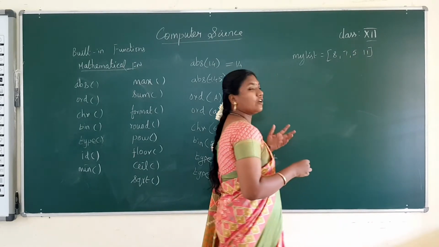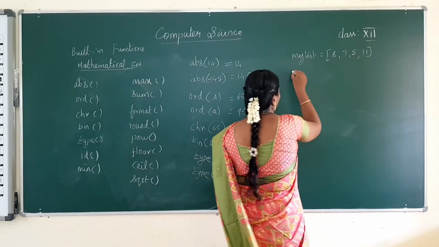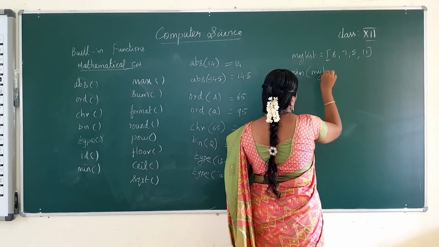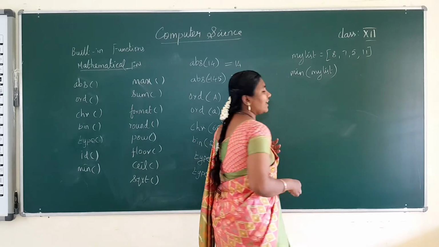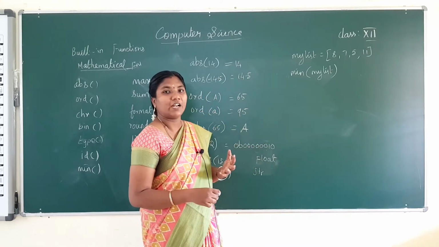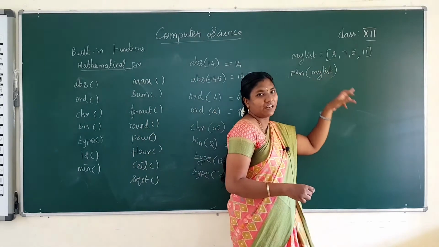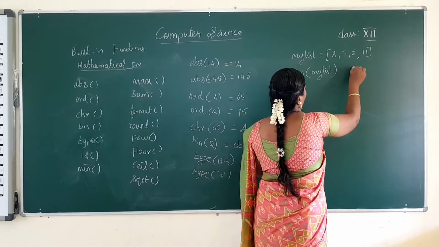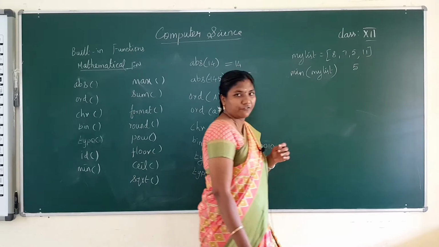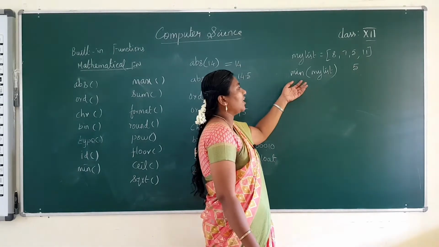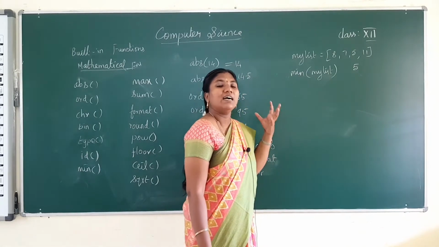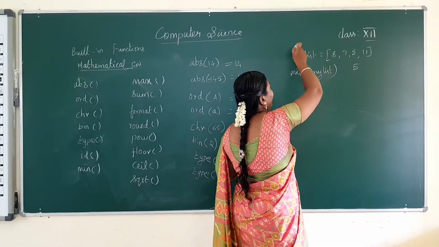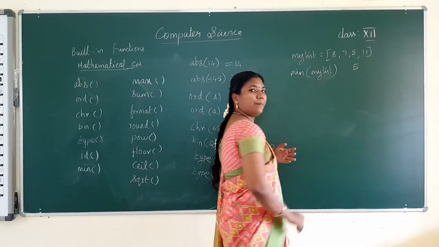Now I have 4 values, and if I want to find the minimum of my list, I will get the minimum among these 4 values. That is 5. So the minimum function gives the minimum of the list of values. The list of values can be saved in a variable, and that variable can be passed to this.